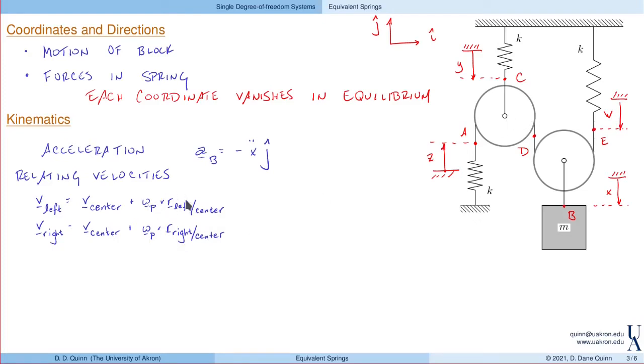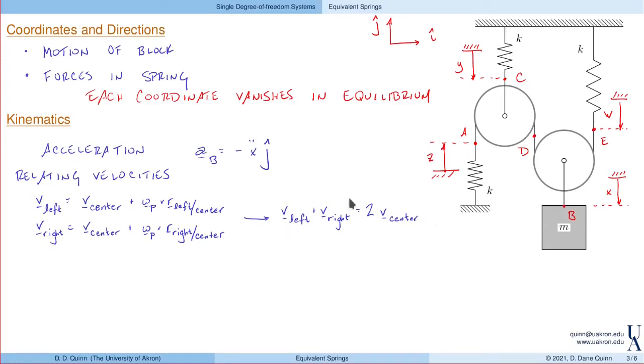So in fact, these two terms are opposed to one another, so whatever this is, the negative of that. In fact, adding these two equations together, we see that the velocity on the left plus the velocity on the right of the pulley, again, I'm just adding together the two left-hand sides, and then I'll add together the two right-hand sides, and these terms cancel. So that's going to be twice the velocity of the center of the pulley.